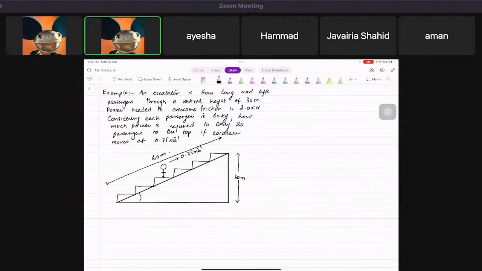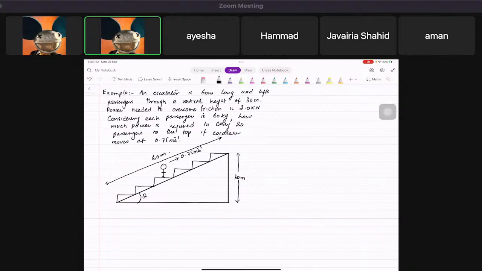Naturally, there's going to be a theta here, you gotta remember. And now we need to find the total power through which the people are going to go from bottom to the top. Also, it is going to overcome the friction.